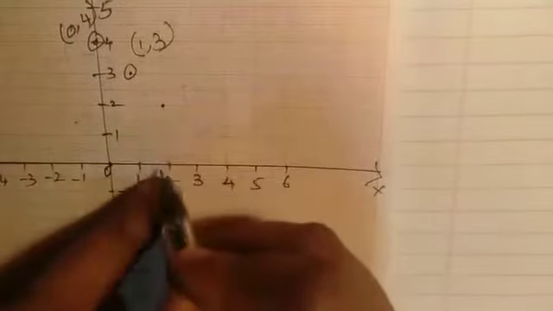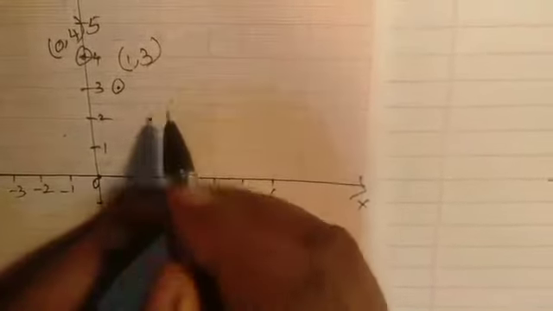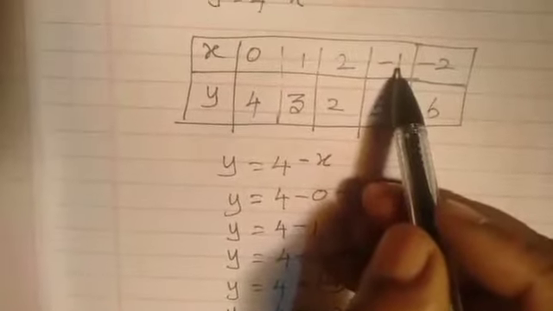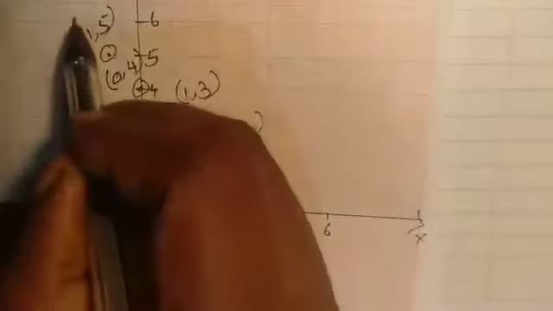Next one (2, 2). Here positive 2 for x value, y value also positive 2. This is (2, 2). Then minus 1 for x value, plus 5 for y value, so it is (minus 1, 5). Next value (minus 2, 6): minus 2 comma positive 6.